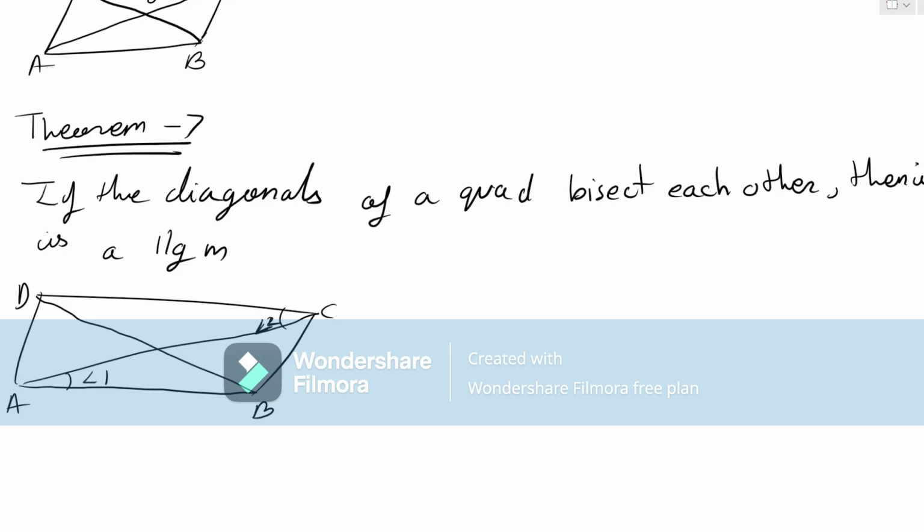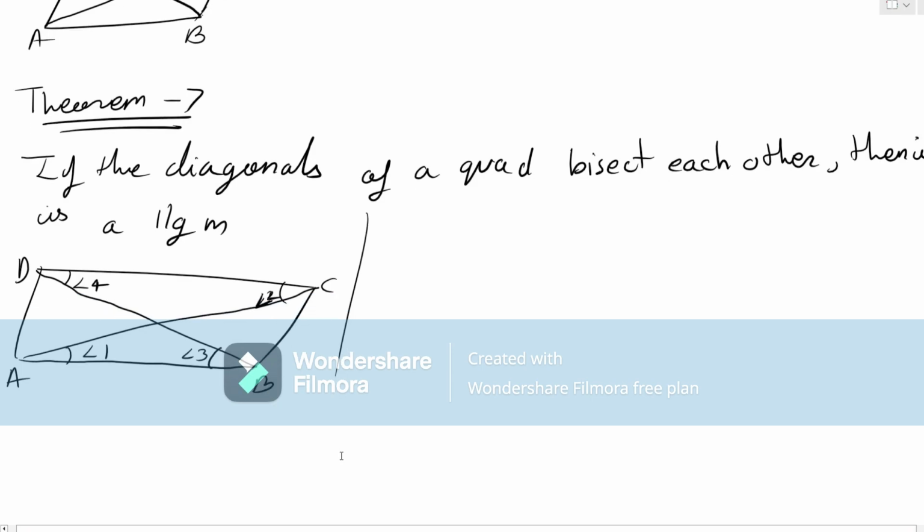Now you must be thinking, how are angle 1 and angle 2 equal? You can apply the property of alternate interior angles. Or I think in theorem 5 or 3, you have a property that the opposite angles are equal. So their halves will also be equal, right? So angle 3 and angle 4 over here are equal. That is it. That is theorem number 7.